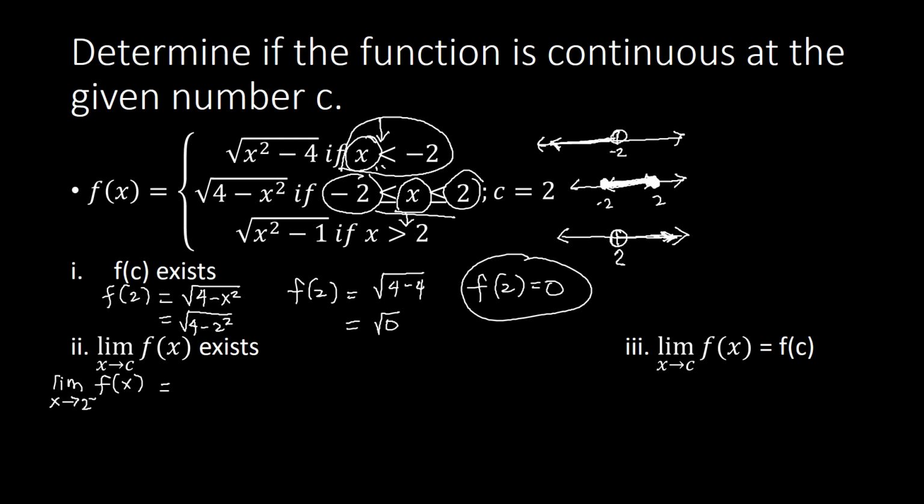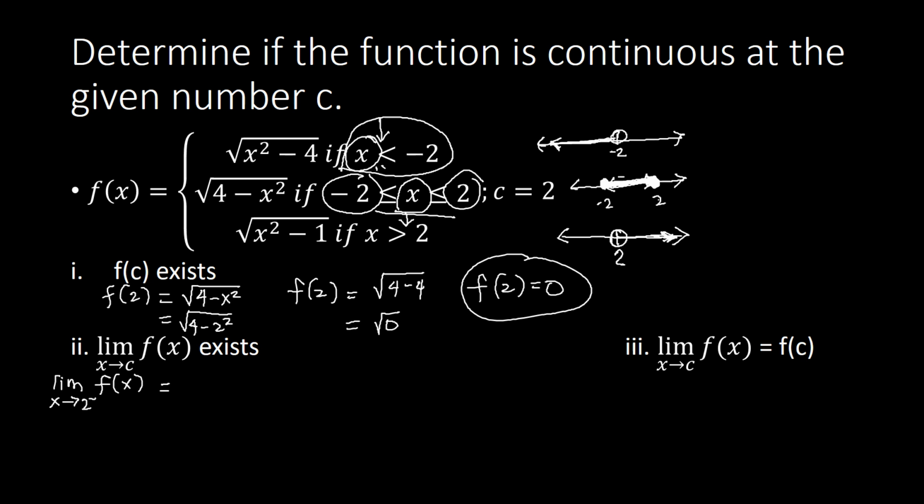Notice we don't have our bases here as 2, and the values here are coming from the left side of negative 2, so there's no way for us to use the first function. Looking at the second function, we've got the number 2 here, and values here are also coming from the left side, approaching 2 from the left side.